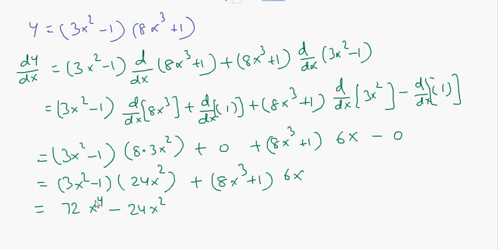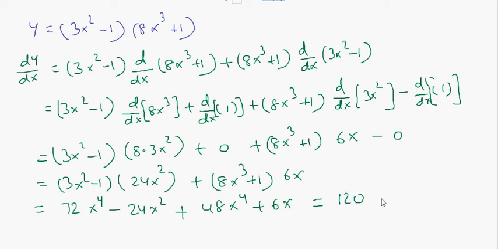We're just applying the distributive law here and multiplying, 6 times 8 is 48x to the power 4 plus 6x. Now you can add all the common powers, and that is 72x to the power 4 plus 48x to the power 4.